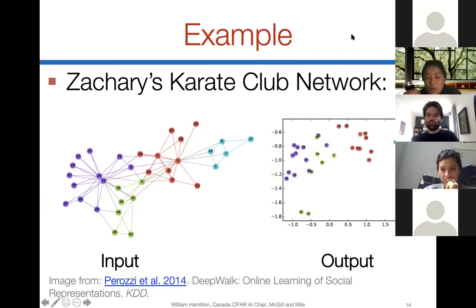And I see that there's a question. That's a great question. So what are the axes on the output graph? So the axes here on the output graph don't really have a predefined interpretation.